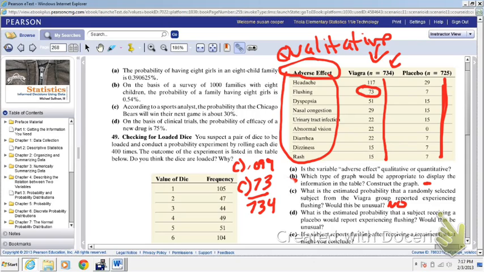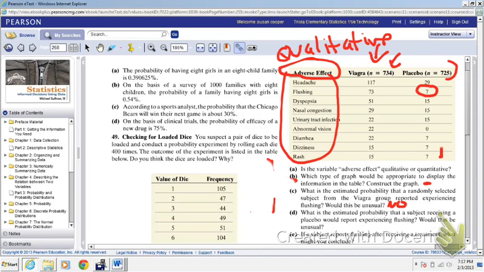Then in part D, it says, what's the estimated probability that a subject receiving a placebo would report experiencing flushing? I'm going to do that with you. So now let's look at the flushing for the placebo group. 7 out of 725. So for part D, we're looking at 7 out of 725.